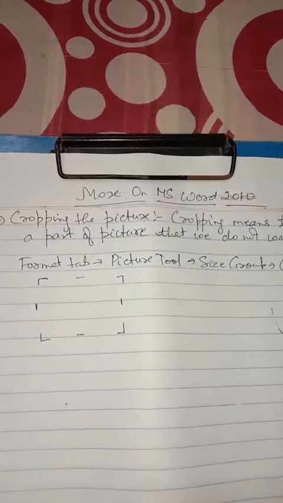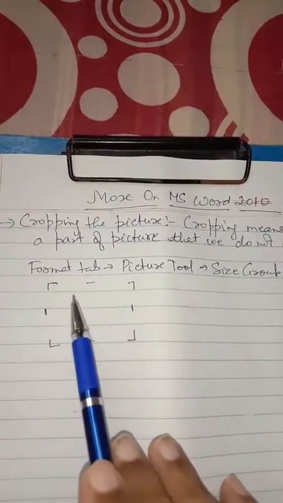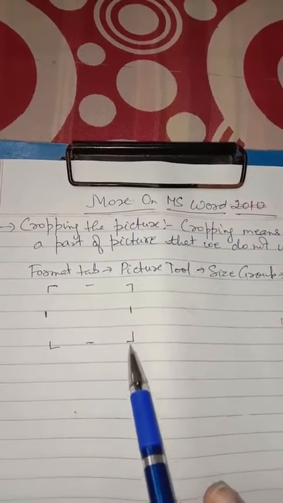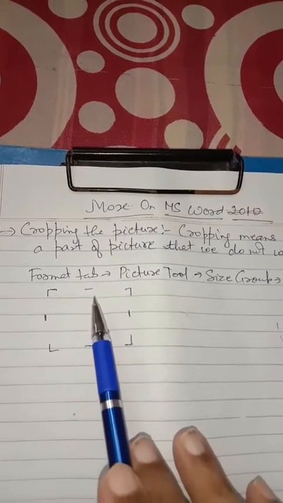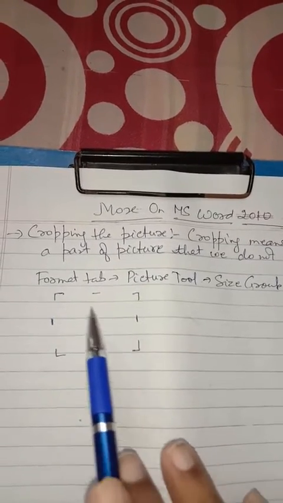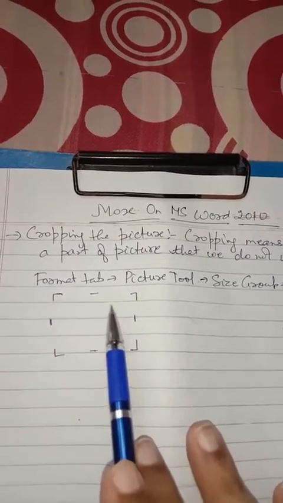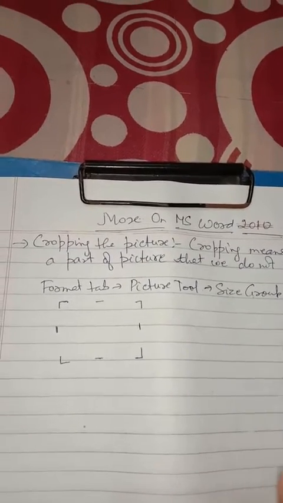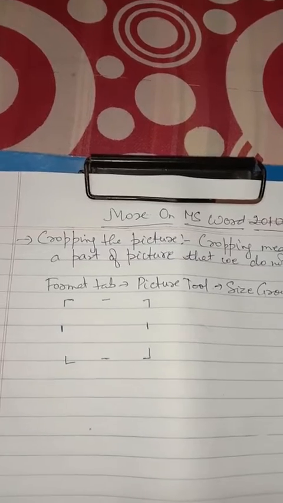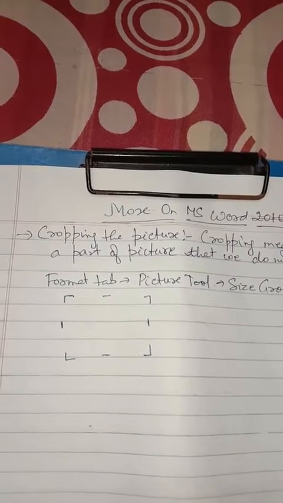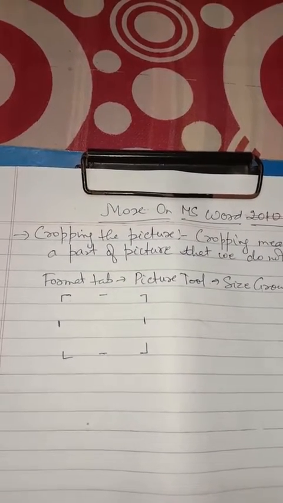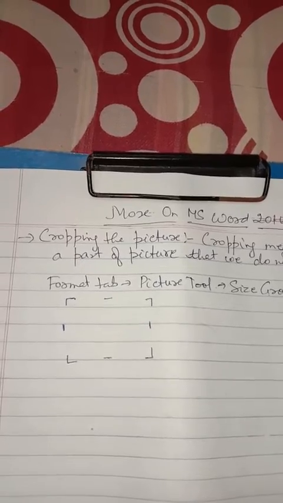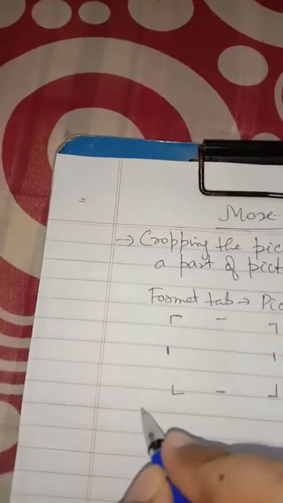As soon as you click on the crop option, these 8 black colored cropping handles will appear around the picture. Now you can drag these crop handles to remove the unnecessary part of the picture, and then press the enter key to save. The picture will be saved by removing the cropped part of that picture. So this is cropping.